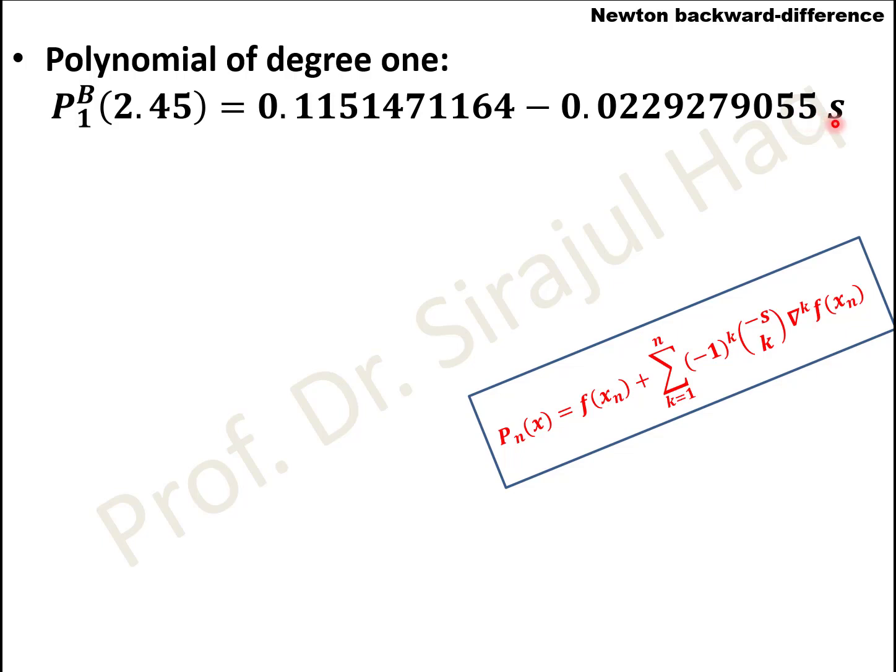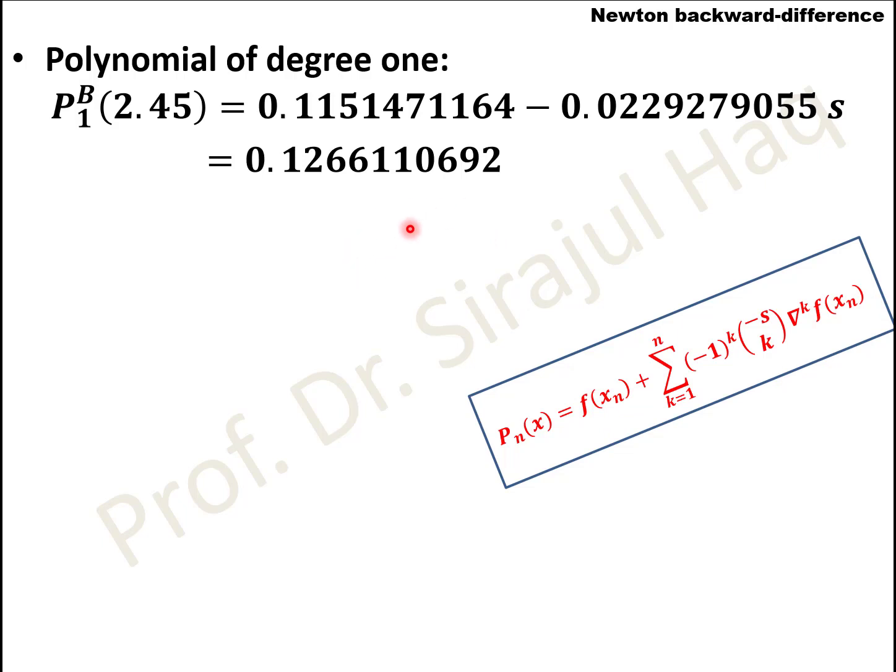You know that the value of s in this case was minus 0.5. If I substitute that value, this is the approximated value of the function using polynomial of degree 1 at the point x is equal to 2.45. But remember, in this formula, this xn is x5. I should write the f of x5 for this particular problem.